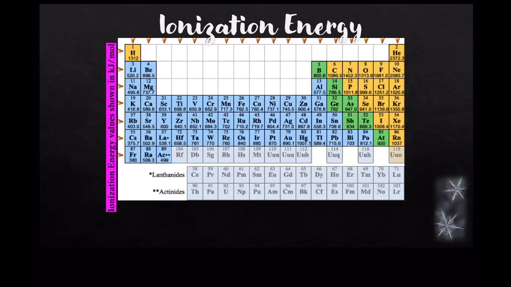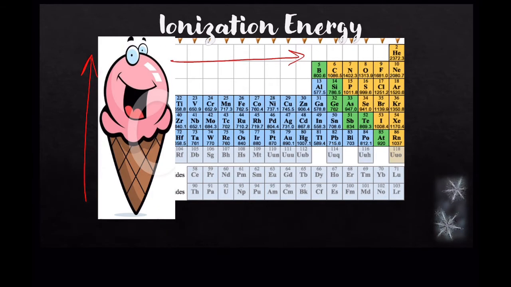This is the same periodic table we were just looking at. So to give you a little memory trick to remember that ionization energy increases when you go up a group and when you go to the right in a period, we can say that ionization energy follows the ice cream cone principle.